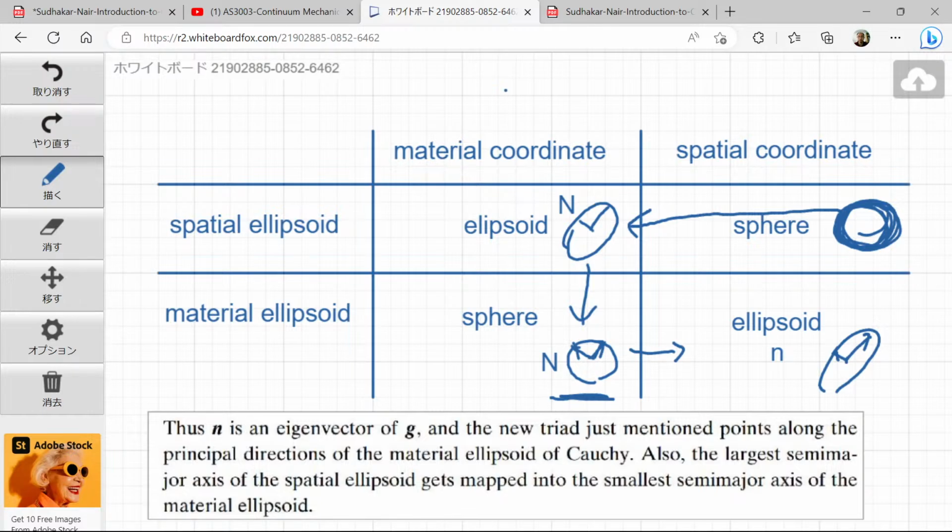In this sphere in material coordinate, the major axis will be mapped to small n, which is the material ellipsoid in spatial coordinate.